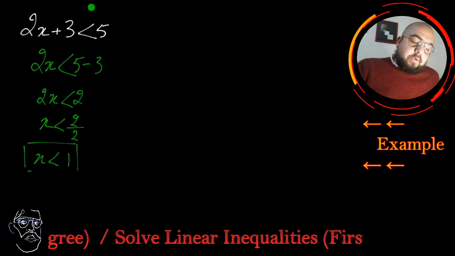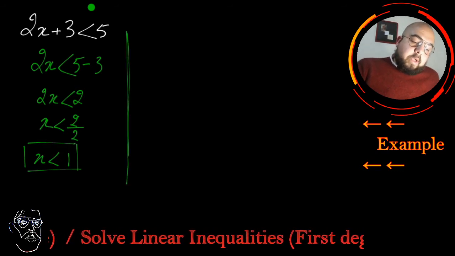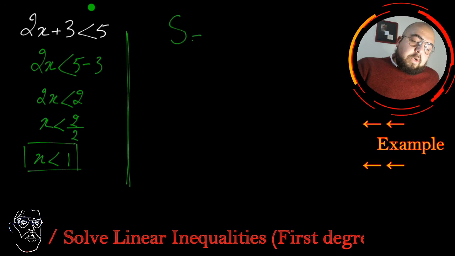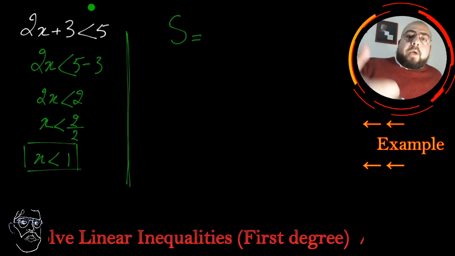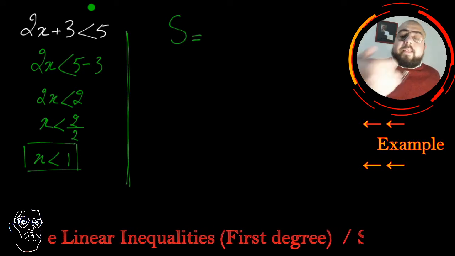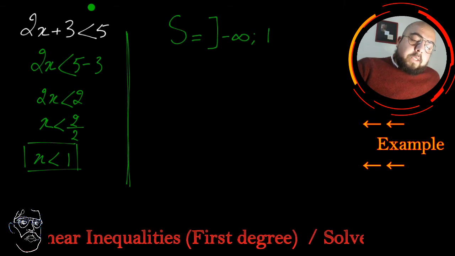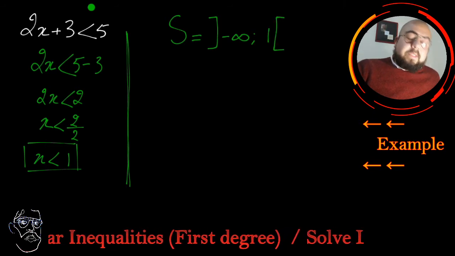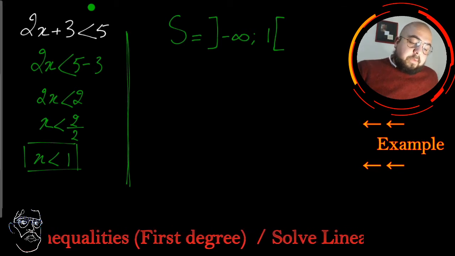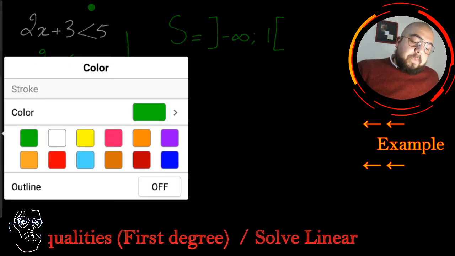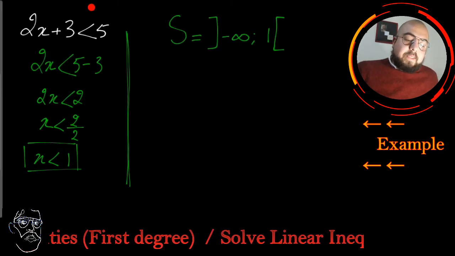This is, of course, your solution, but you have to write it down in this way: S is equal to smaller than 1, so it could be 0, minus 1, minus 2, minus 2.2, etc., until minus infinity. So it starts from minus infinity until 1. The brackets are open since it's strictly smaller than 1. One of the most important things is also to know how to represent this on the axis of abscissa.